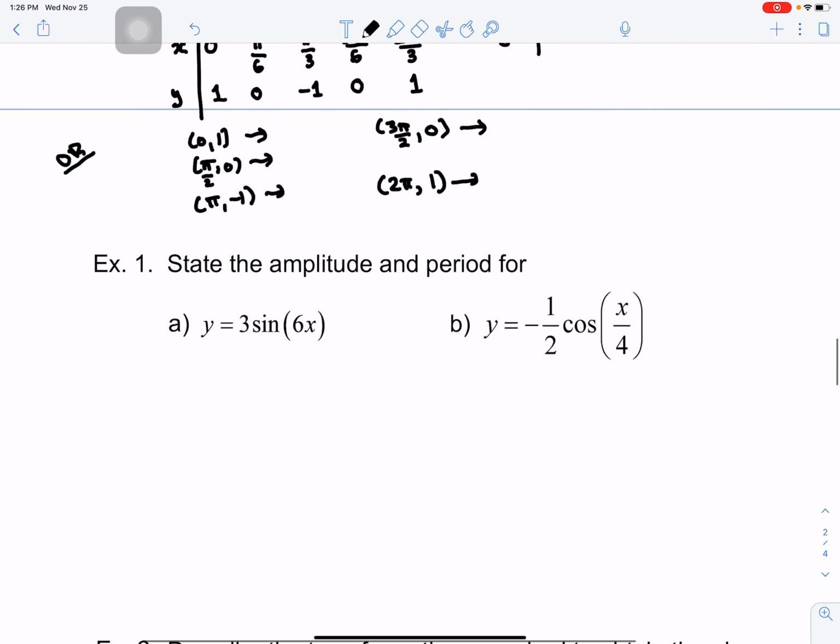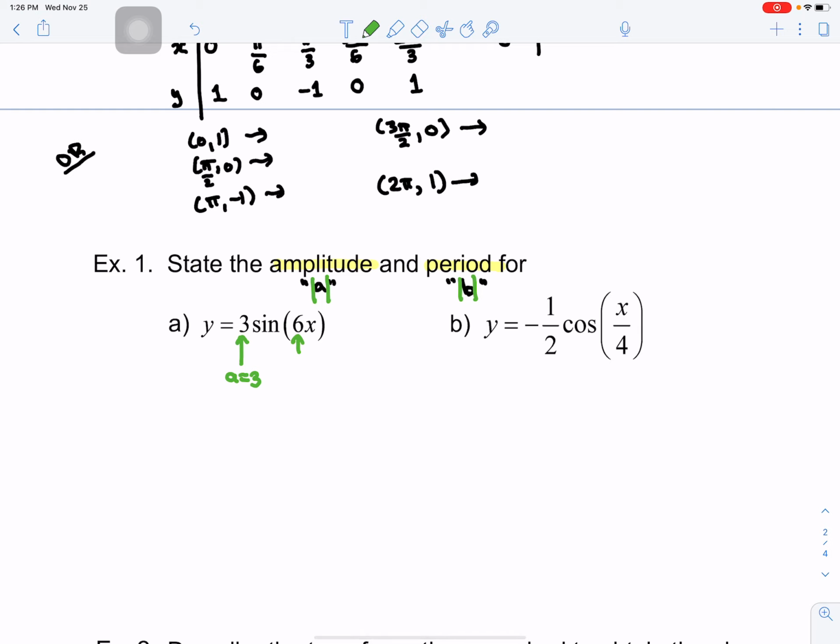The 2 things we're going to focus on are the new ideas, amplitude and period. Remember, amplitude is like your A variable, but in absolute value. Period is like your B variable, sort of, but in absolute value. So there is my A value: A is equal to 3.